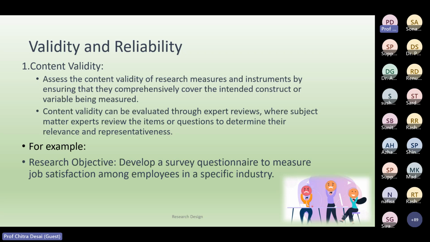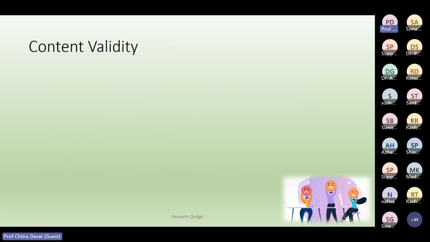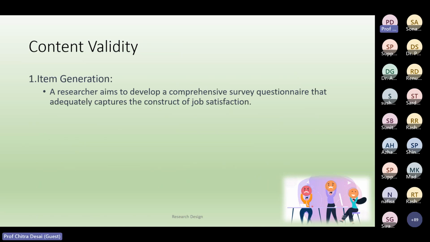Now, to elaborate with the help of an example, let us take one research objective to understand how content validity works. Suppose we want to develop a survey questionnaire to measure job satisfaction among employees in a specific industry. If the survey has to be conducted, then the first thing we look into for content validity is item generation.